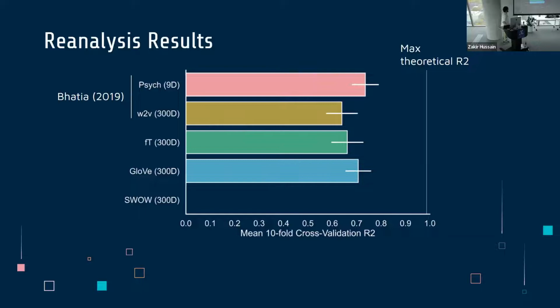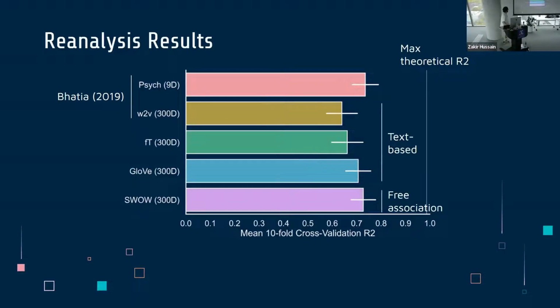And then we get on to SWOW, the free association, and it's on par with the best performing text-based models, which is pretty cool because it's trained on a data set that's orders of magnitude smaller, and so it seems to be learning quite efficiently from that data.